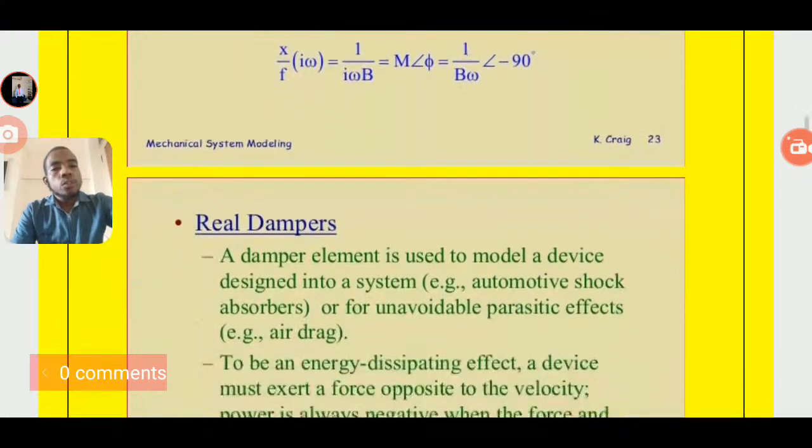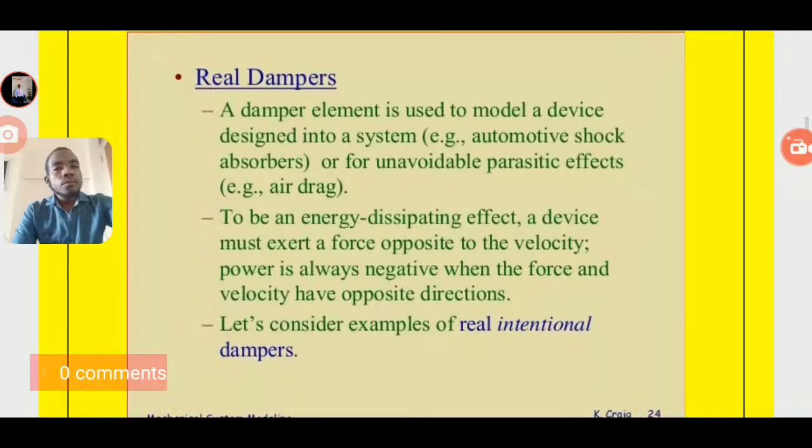Okay, the other topic is real dampers. A damper element is used to model a device designed into a system. Examples of real dampers are automotive shock absorbers, or unavoidable parasitic effects, for example air drag.